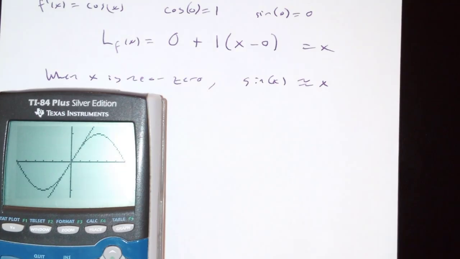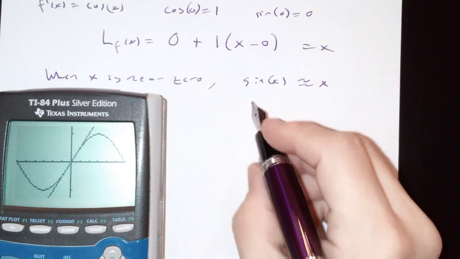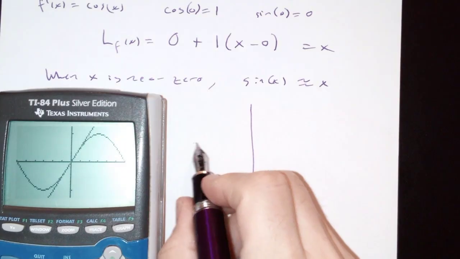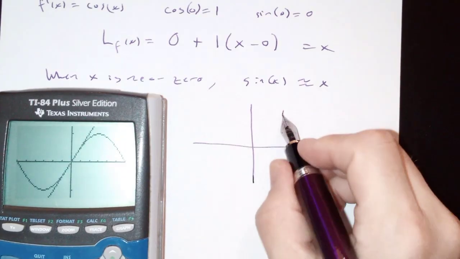Snell's law tells me how light bends as it goes from one medium to another. That's the way glasses work. It bends the light, but it bends it according to the angle made between the two surfaces.